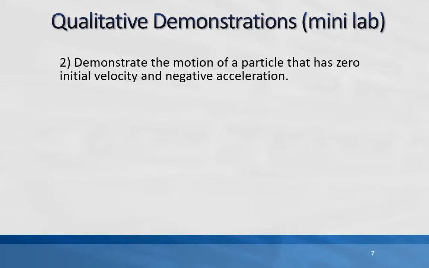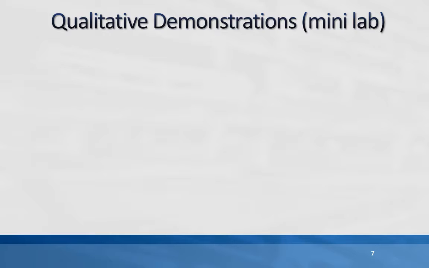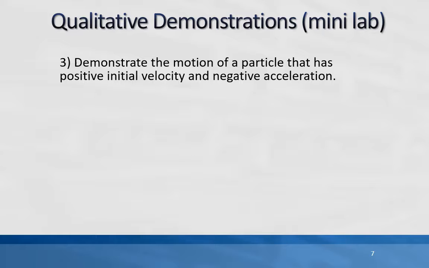Another instance is where the particle has zero initial velocity and negative acceleration. In this case, the person is not moving, and then they're going to get faster and faster this way. Positive initial velocity and negative acceleration would be someone going this way with the acceleration this way, so they're going to be slowing down.